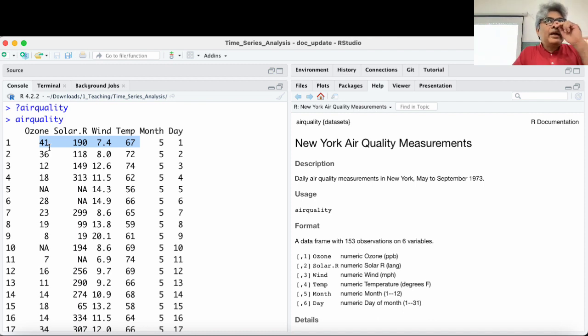An example of spurious correlation: say you take the revenue collection of the Chennai metropolitan area and the garbage collection of the Chennai metropolitan area over the years, and if you just calculate the correlation, you will see a very high correlation.